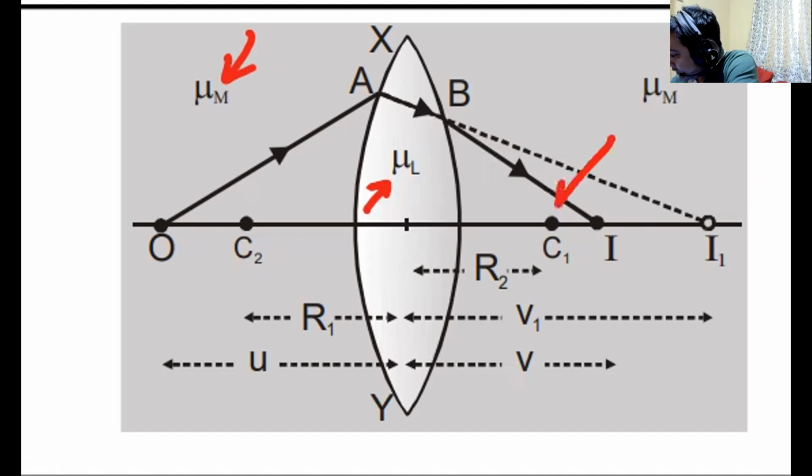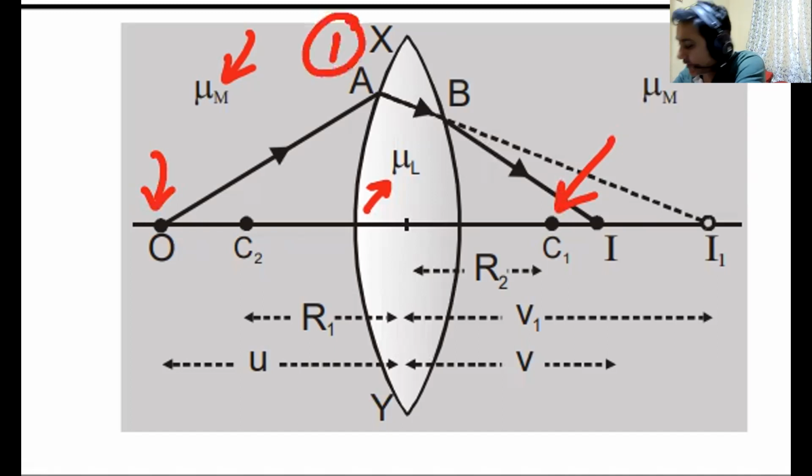This you can see as C1. What does C1 stand for? To understand C1, we must understand that the object is placed here. Do you see that the object is placed here? Yes, sir. Then this surface is where refraction happens first, so this is called surface number 1.